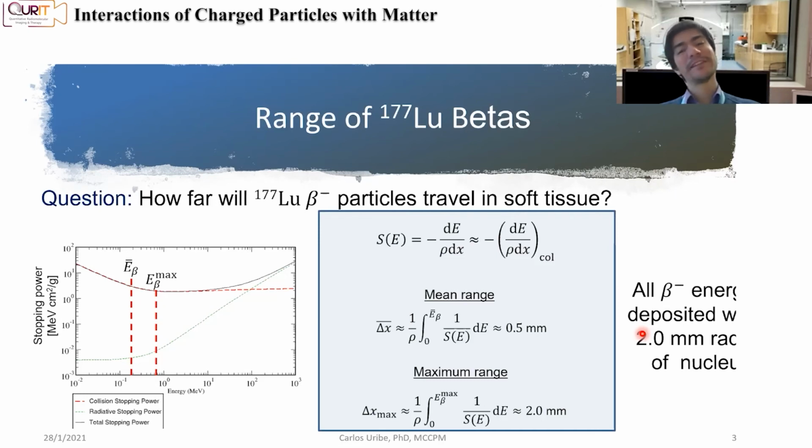But if we have a bigger tumor, then maybe it would be better to use yttrium-90, because we know that yttrium-90 will cover more of the length of that bigger tumor. If we treat the small tumor with yttrium-90, for example, then a lot of these betas are just going to go to healthy organs, and we don't want that. So these are the kinds of things that we also look at. We definitely need to keep in mind what range these particles can travel inside the patient.